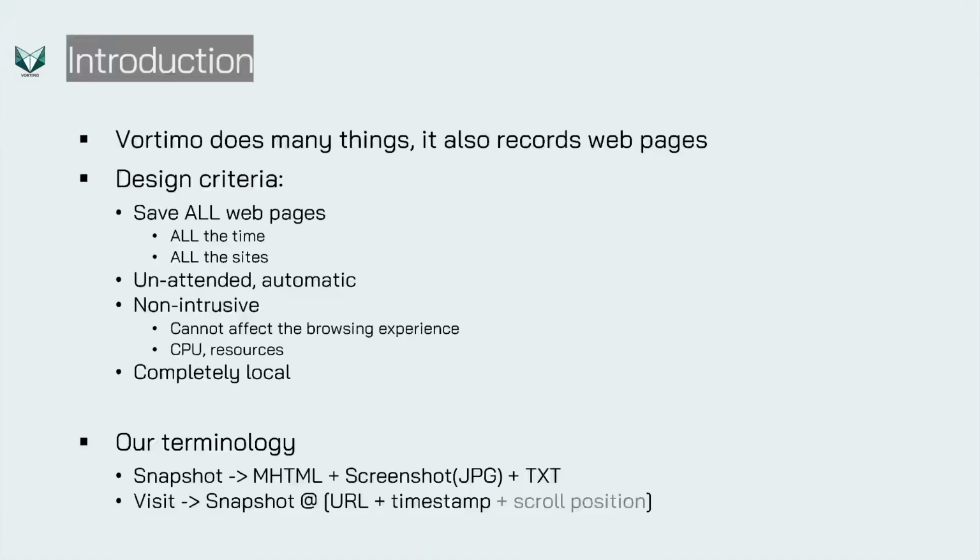And it needs to be automatic, unattended, like I said, and it needs to be unintrusive. And I mean unintrusive as in it can't be too hard on the computer to do it. So we can't have crazy CPU resources or disk space.